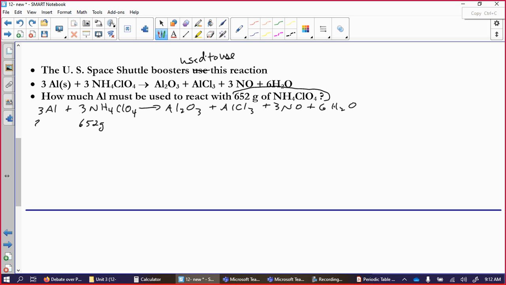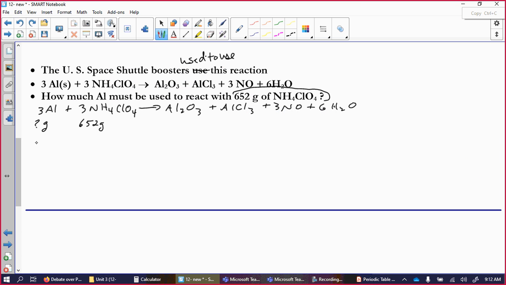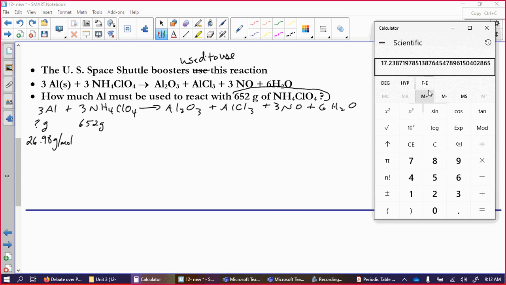We want to know grams of this. Well, I can do the molar mass of aluminum fairly quickly. This is ammonium perchlorate. So let's add that up.